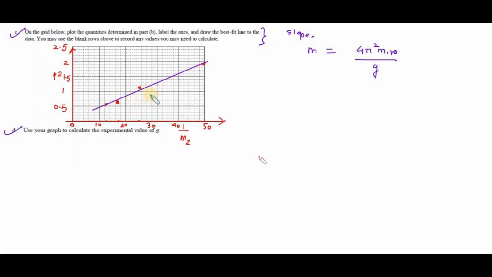If we determine the slope from the graph and substitute it in this equation, 4 pi square m1 into r by m, where m is the slope, we obtain the value of g. So first we have to determine the slope, and then plug it into this equation.